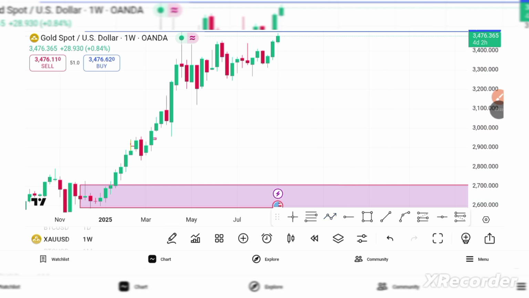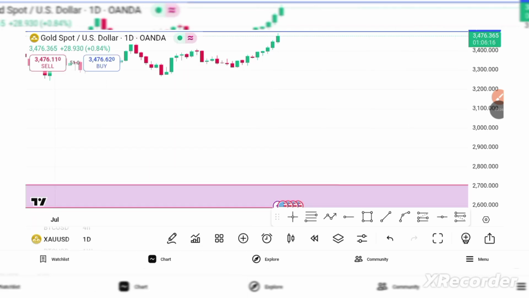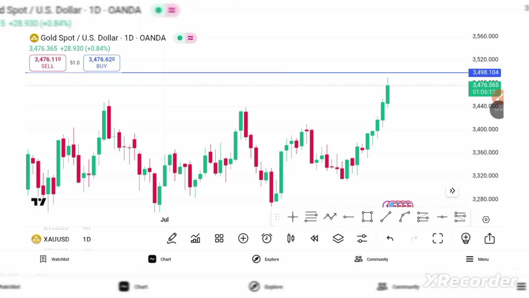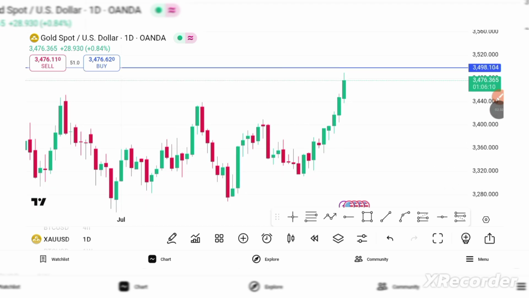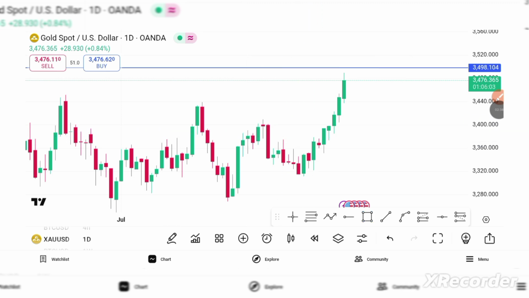And mind you, let's go to the daily time frame. In the daily time frame, in the normal analysis that we do, have you seen this order block here, the order block that caused this break of structure?